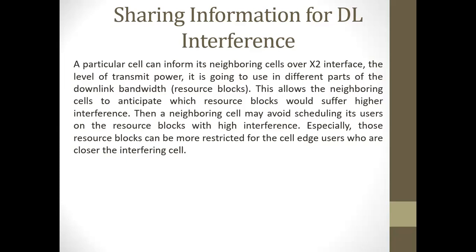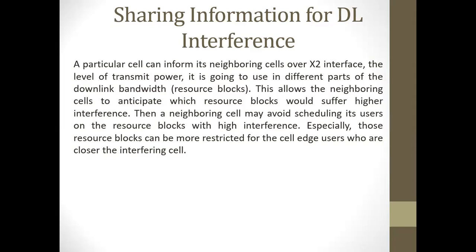Usually this uses an indication of high power. For example, if you have some users in cell edge areas, you'll be using high power for them, otherwise you cannot communicate. In fact, these users are even closer to your neighbor cells, so they will be problematic.